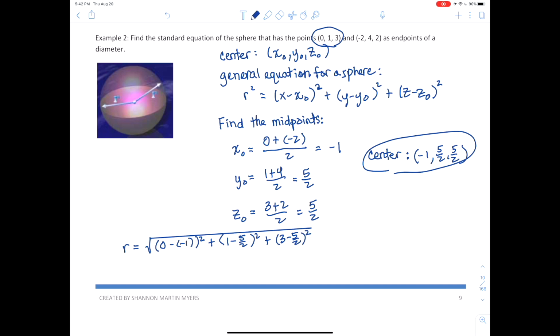Cool so far? So what's that going to be? r will end up being the square root of 1, because 1 squared is 1. And then we'll have plus, well, 2/2 minus 5/2 is -3/2. And when you square that, you'll get 9/4. And similarly on this one, what will we get?